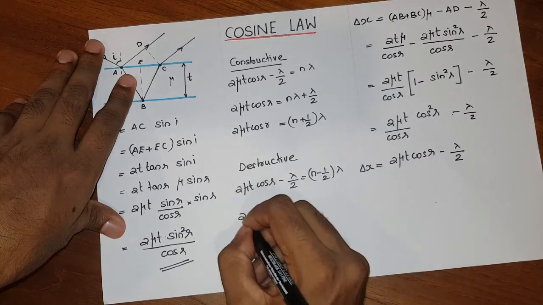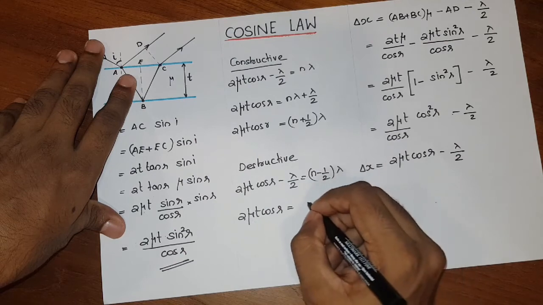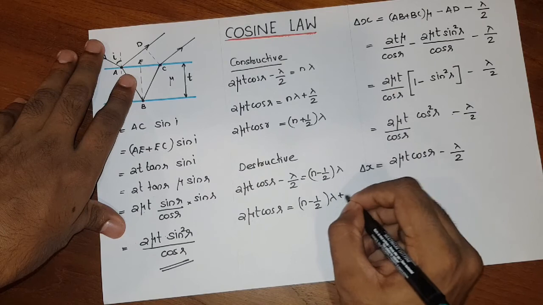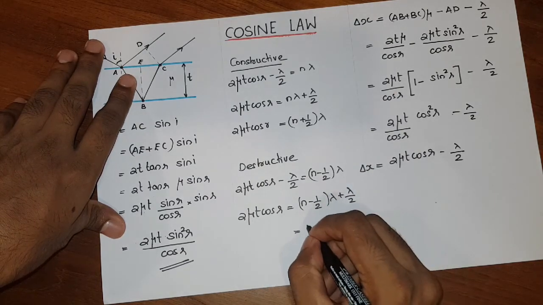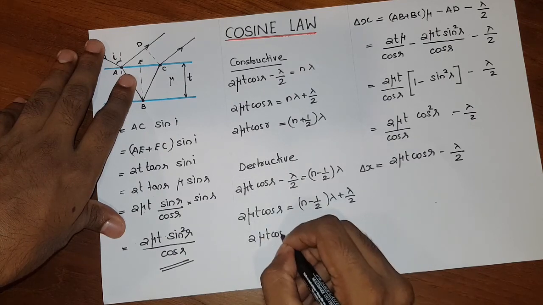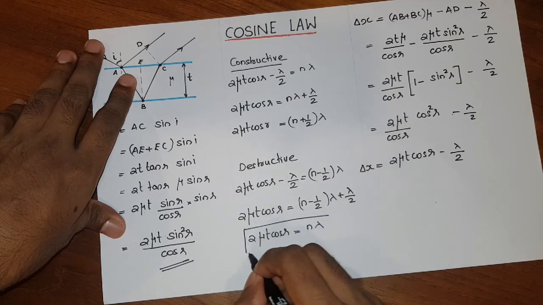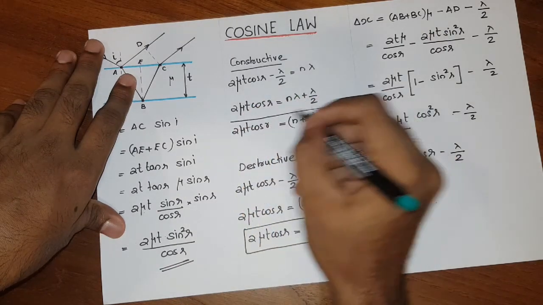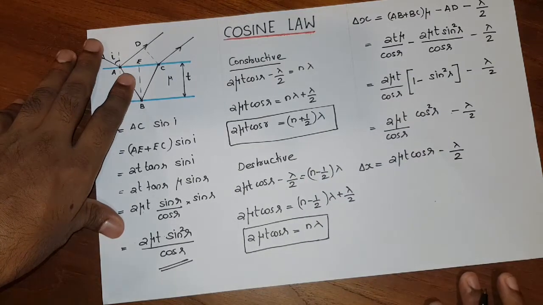Bringing this to the other side, you will get 2 mu t cos r equal to n minus half lambda plus lambda by 2. If you take lambda common, you will get it as n lambda. So this is the condition for destructive interference, and this is the condition for constructive interference.